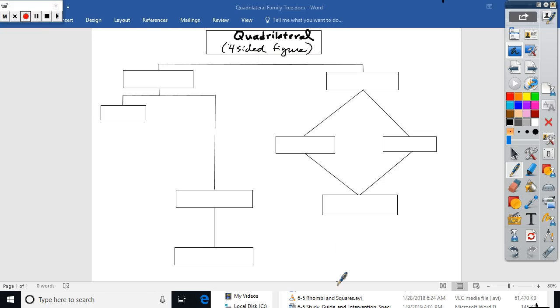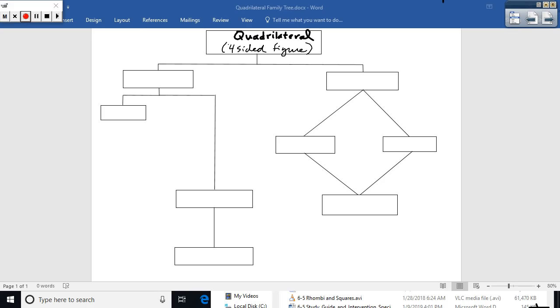Okay, just a four-sided figure there, and that's what we've been discussing over the course of this chapter 6. Now, those quadrilaterals were broken up into two different characteristics or traits. The one quadrilateral, excuse me, was either going to be a parallelogram or a non-parallelogram.